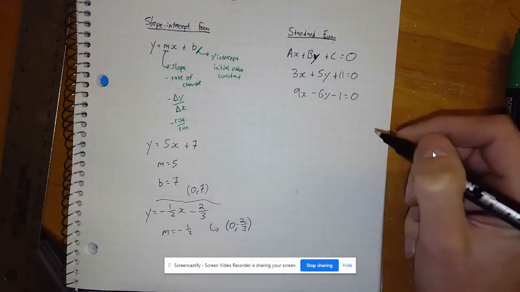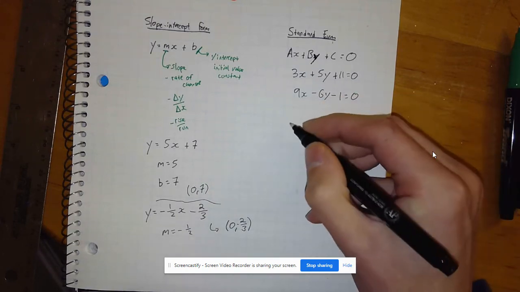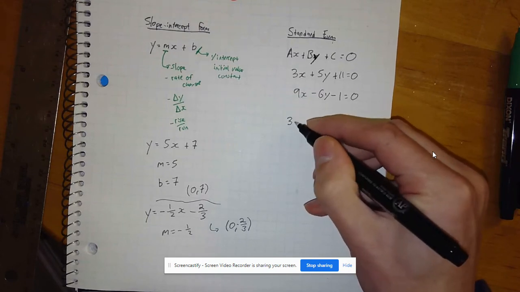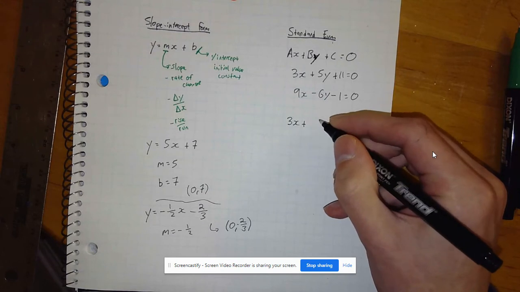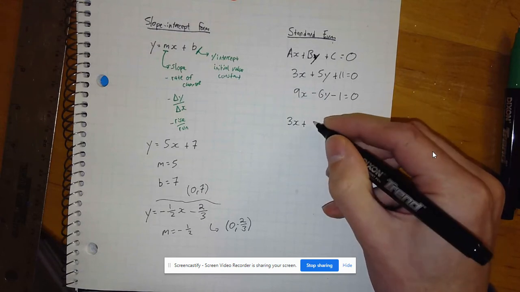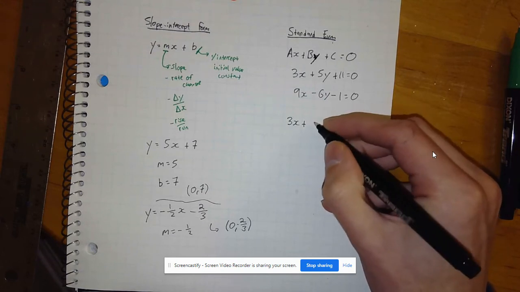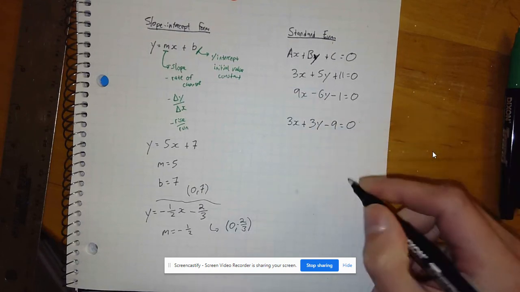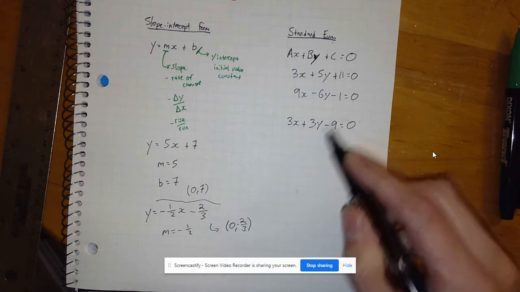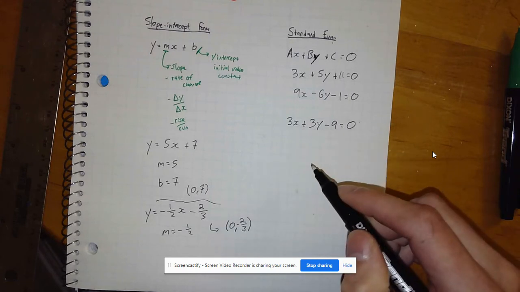So if I have an equation in standard form, I'm going to want to change that or rearrange that into y equals mx plus b form. So for example, if I have 3x plus 3y minus 9 equals 0, I'm going to rearrange this so that y is by itself.